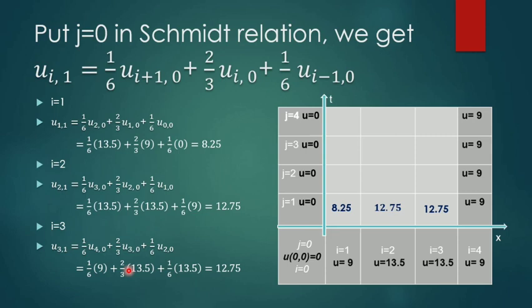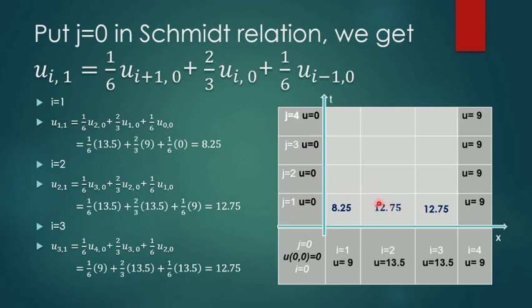12.75. Similarly, you can find the value of u when j is equal to 2 using the Schmidt relation, where you substitute j is equal to 1. On the left hand side it will become 2, and on the right hand side you will have j suffixes as 1. So the value of u at 1 comma 2, i value 1 and j value 2, is obtained from these three values of u in the j equal to 1 row.